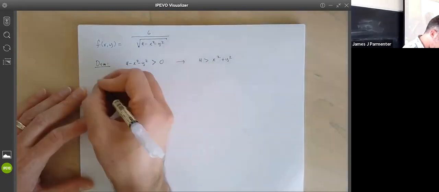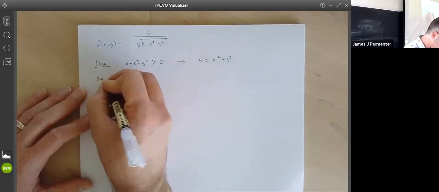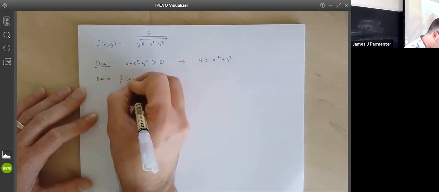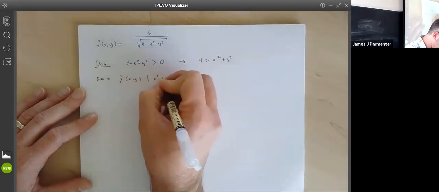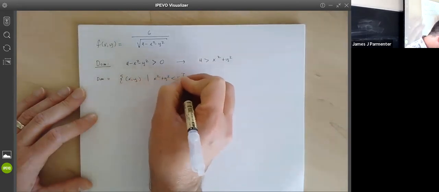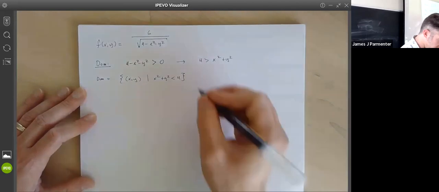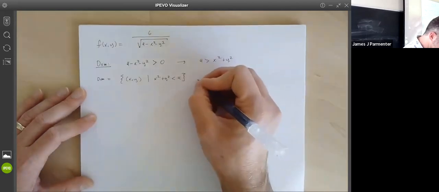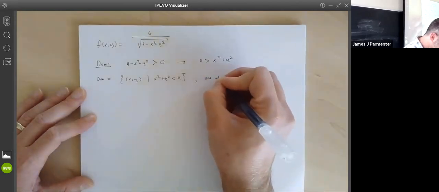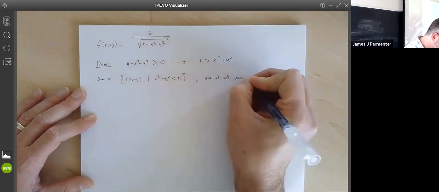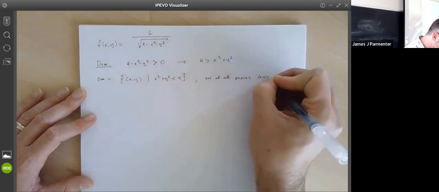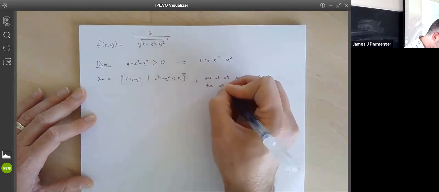My domain is the set containing all x and y such that x squared plus y squared is less than 4. Or in words, it's the set of all points inside the circle of radius 2.